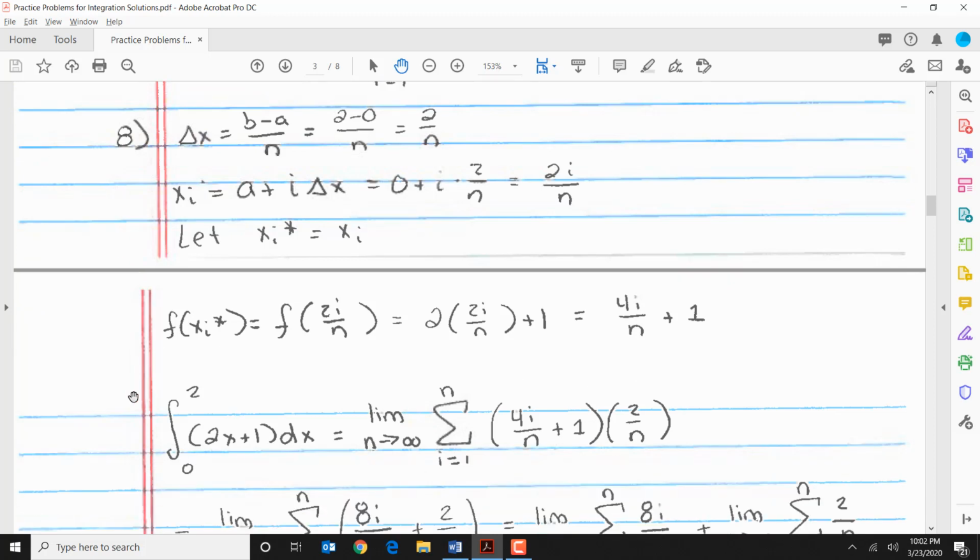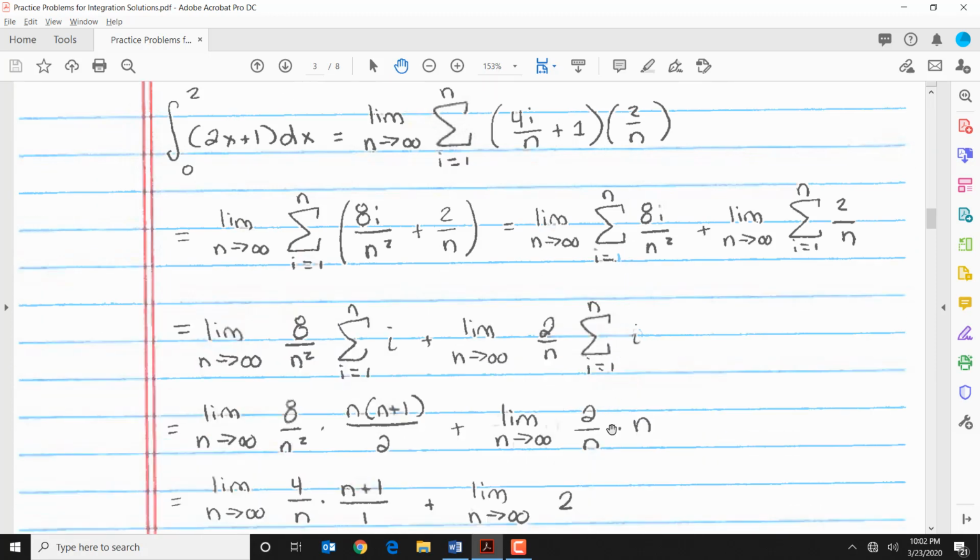So now, right here, I've set it up as my Riemann sum. The integral from 0 to 2 of 2x plus 1 dx is the limit as n approaches infinity of the sum from i equals 1 to n of f of xi star, 4i over n plus 1, times my delta x, 2 over n. All right, so now I have to do all this math.